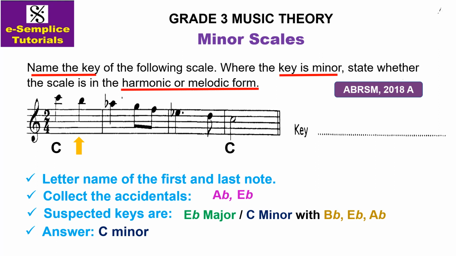So you can now see why B flat is not available on this scale. So this is already telling us for the 7th note to be raised, it means it is the harmonic form. So our final answer here is C minor harmonic.